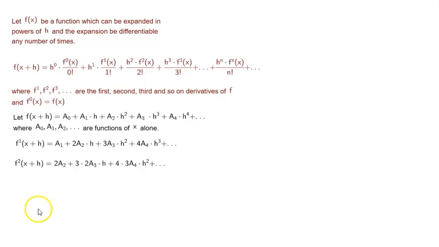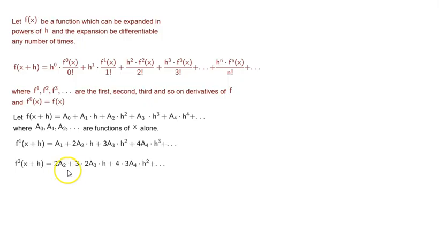Now let's look at the second derivative. So second derivative is nothing but the derivative of the first derivative. So we end up with, if you notice, a1 is a constant, so it disappears. 2a2 times h, power is 1, 1 comes down, and this becomes h to the power of 1 minus 1, which is h to the power of 0, which means 1.